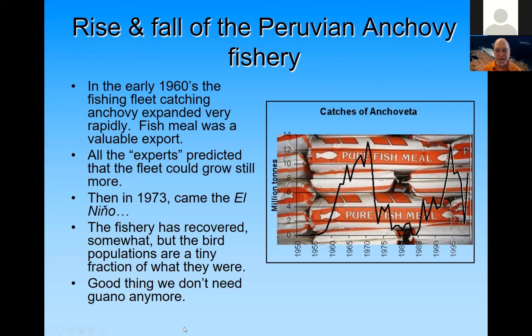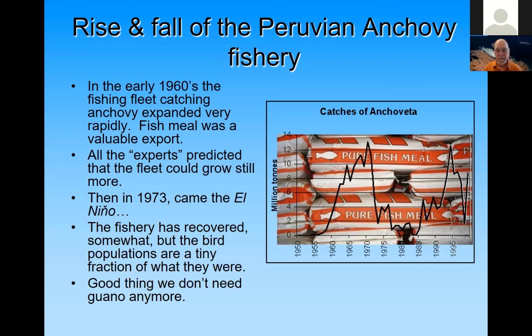Now, under natural conditions, when El Nino passed, the anchovy would move offshore, the birds would recover, and the ecosystem would return to quote unquote normal levels. However, in the case of the Peruvian anchovy fishery, the ecosystem's dependence on large production of anchovy all collapsed. But the fishing boats still had to pay their mortgages, essentially.